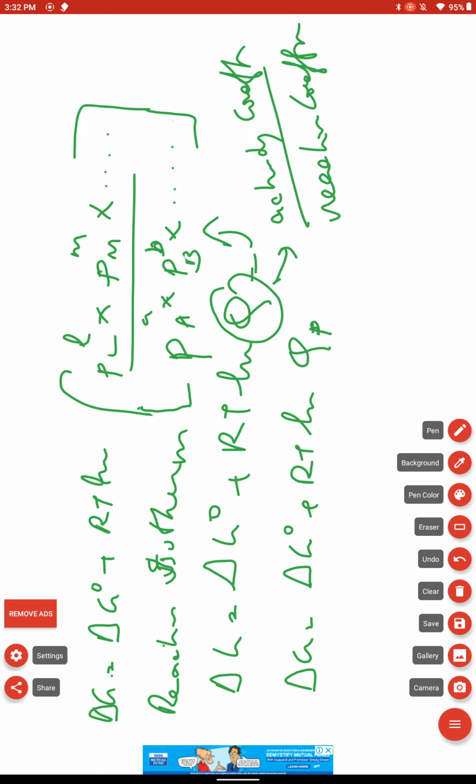That is in terms of the reaction coefficient in terms of pressure, the pressure quotient or reaction quotient. So the first equation is delta G is equal to delta G0 plus RT ln Q, or delta G is equal to delta G0 plus RT ln QP.